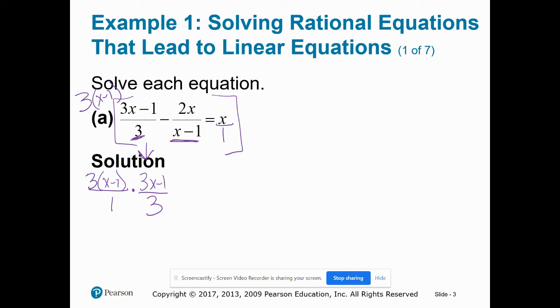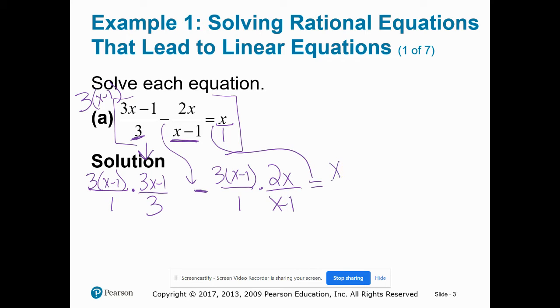So 3 times x minus 1 over 1. So there's that one. Here's our subtraction. Our common denominator times the 2x over x minus 1. Here's our equal sign.